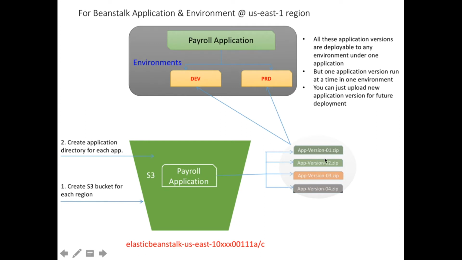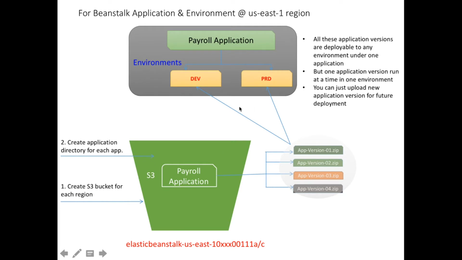Whenever you upload any changes, it will be stored like 0202. These numbers may be different, but just for example purposes. So what I'm trying to say is, whenever you deploy an application through Beanstalk, the very first time it creates an S3 bucket and then creates an application folder, and it keeps all your application versions inside that folder. So any of these versions you can map to any of your environments, and start your applications.